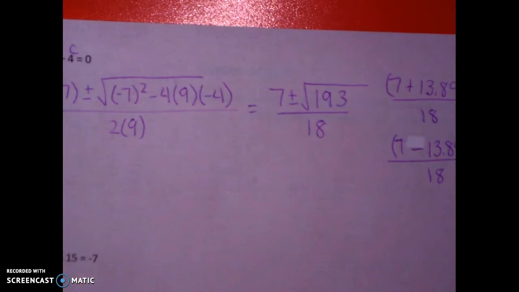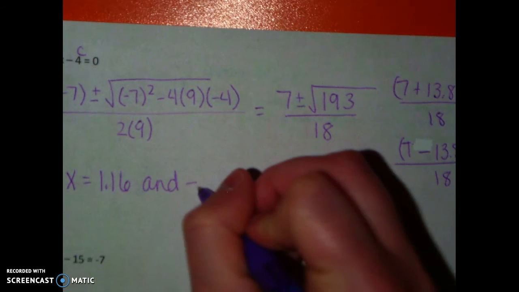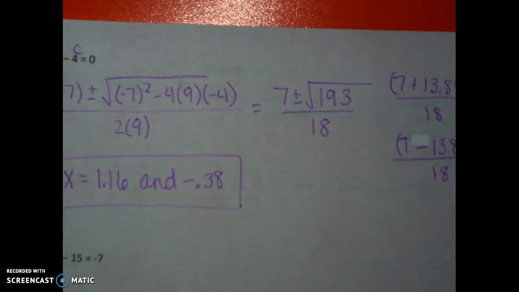Okay, so somewhere you should have x equals 1.16 and negative 0.38. Okay, we have two more.